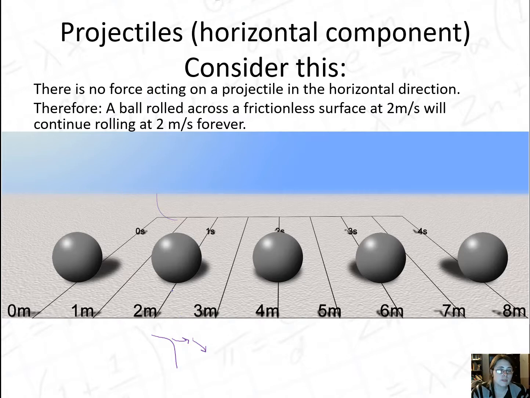This is the same thing as if a ball were rolled on a frictionless surface at 2 meters per second. In both cases, the object would continue moving at 2 meters per second forever because there isn't another force acting on it, as long as we assume there isn't any friction.